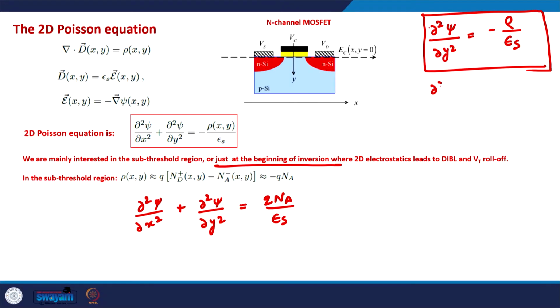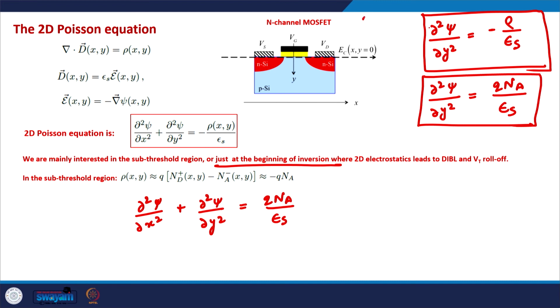So, similarly in the 1D electrostatics, just at the onset of the inversion, this Poisson equation will look like this: del 2 psi by del y square is equal to q Na divided by epsilon s. So, this is the 1D electrostatics or 1D Poisson equation. And this is the 2D Poisson equation.